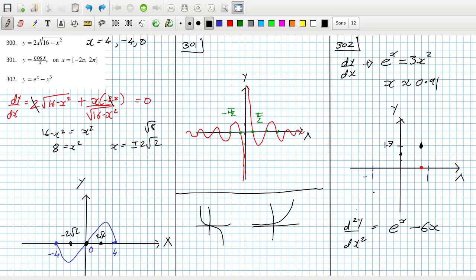I don't think it has a root. I don't think so. Well, oh, it's a positive, so sorry, it should be a minimum here.